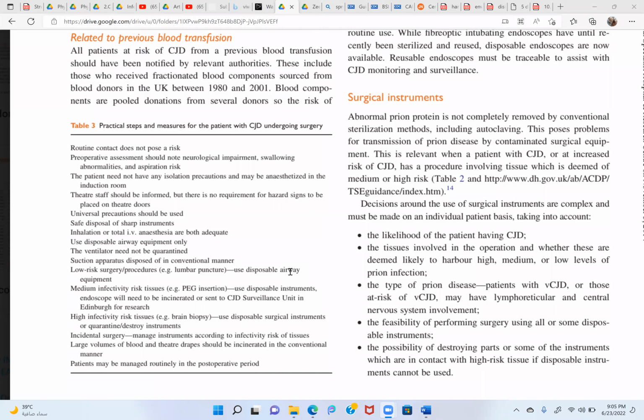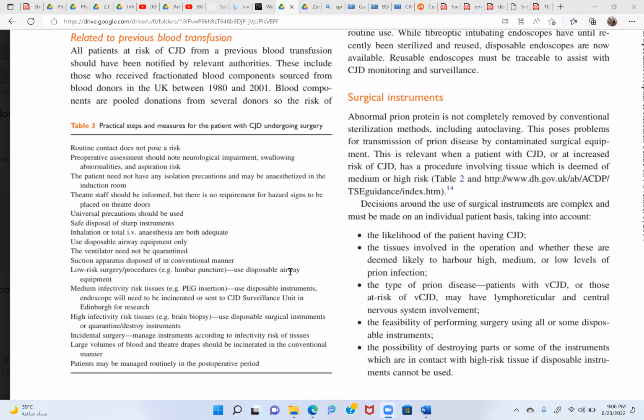These are the things which you can use in any patient. The person who is doing the surgery, yes, goggles are included. So gloves, mask, goggles, face shield.